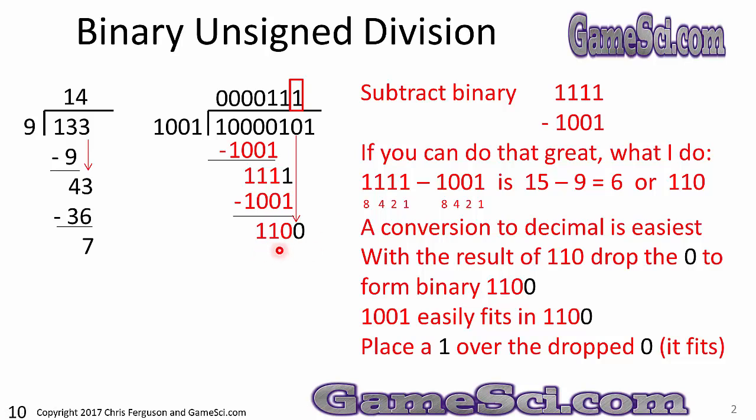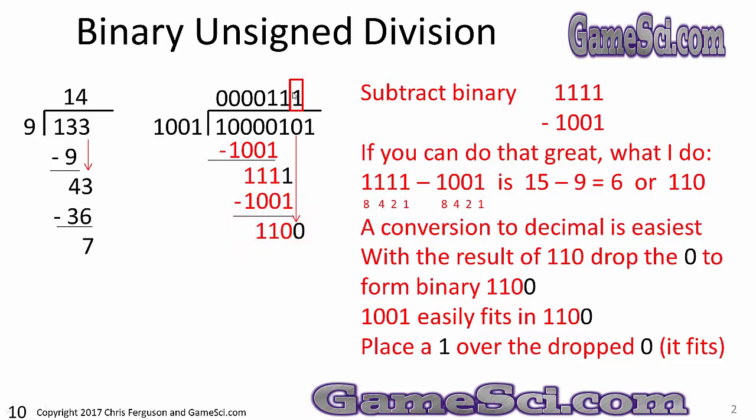With the result of 110, drop the 0 above it down to form binary 1100. Guess what? 1001 easily fits into 1100, so I'll place a 1 over the dropped 0 because it fits. If it fits, you must put a 1 above it.